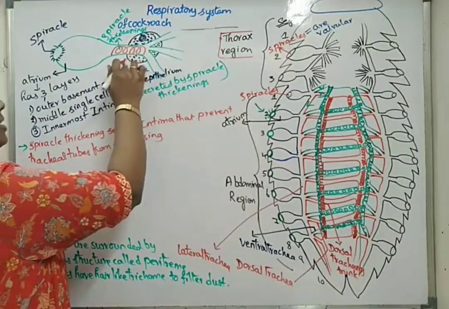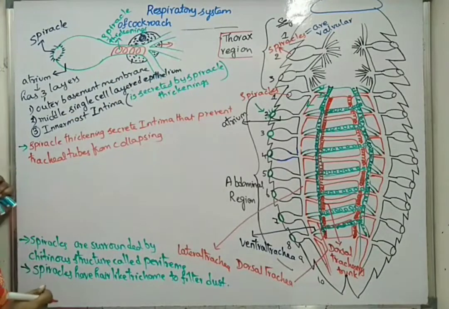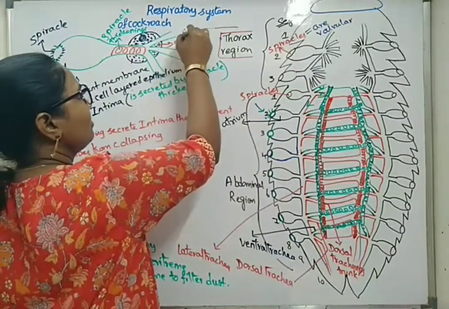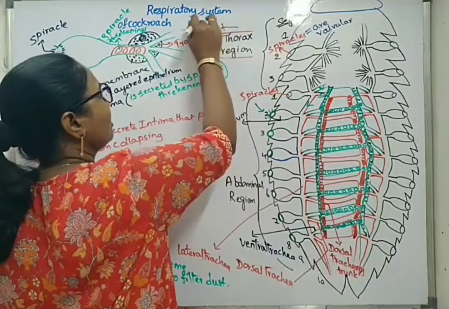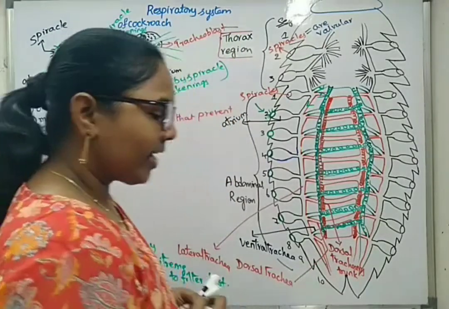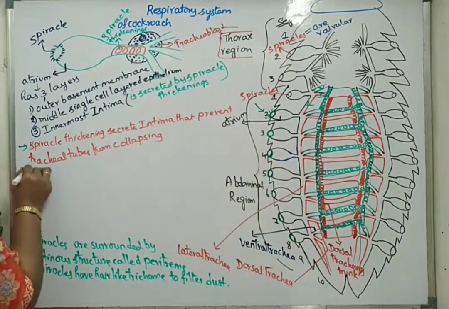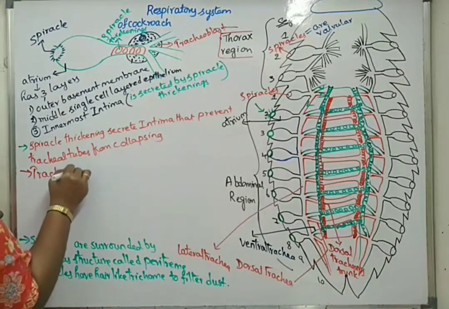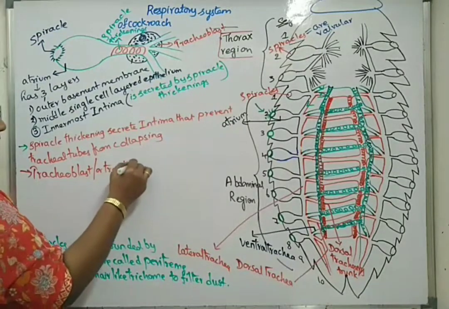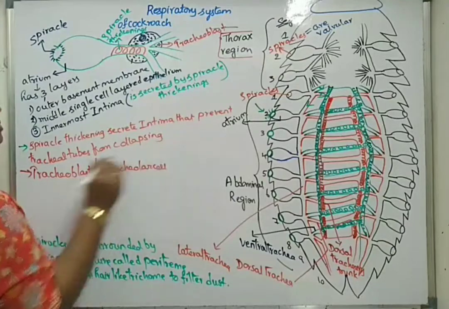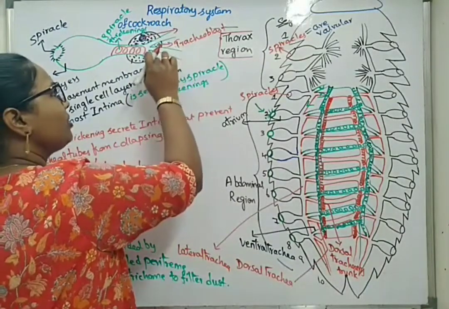Now, this structure is called as tracheoblast or tracheal cell. Tracheoblast. This is also called as tracheoblast or tracheolar cell. This tracheolar cell, it secretes a fluid that fills the tracheolar tubules.